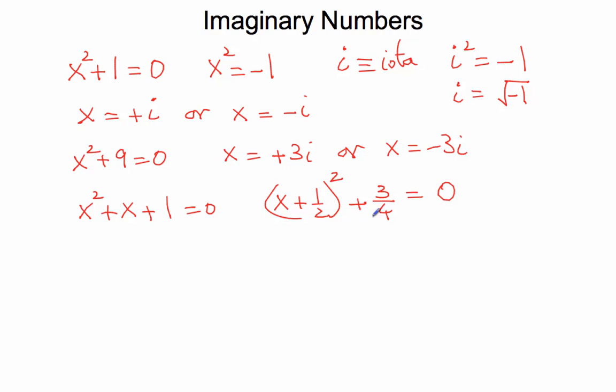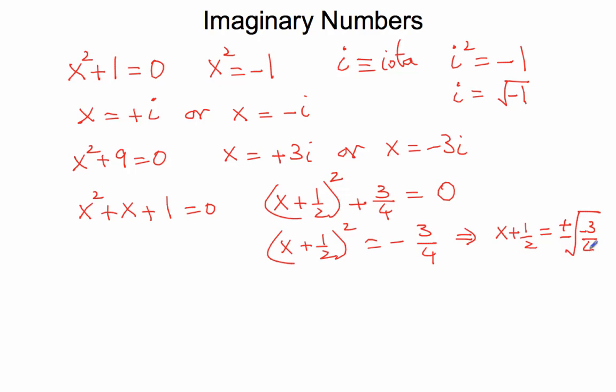Just open this out, and this is exactly the same as this, which means that we can write this as x plus a half squared equals minus 3 over 4. And then this, of course, is the same as x plus a half equals either the positive or the negative square root of minus 3 over 4.